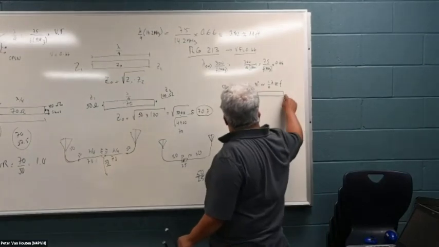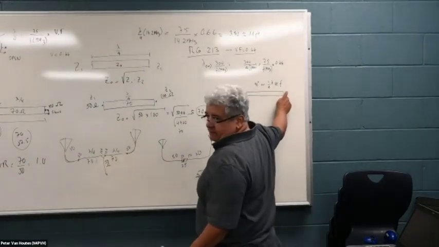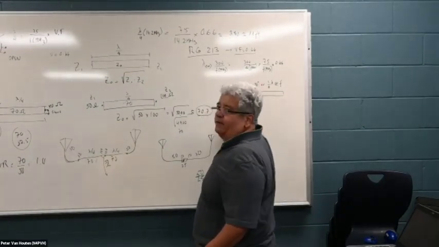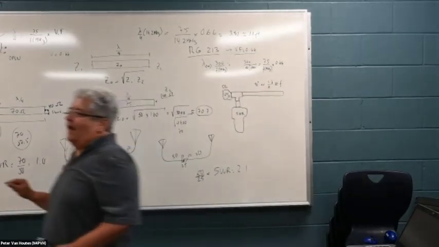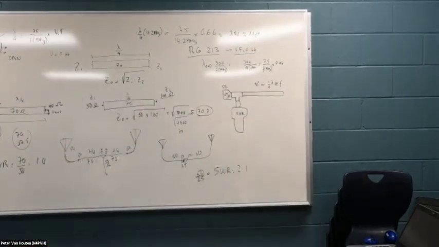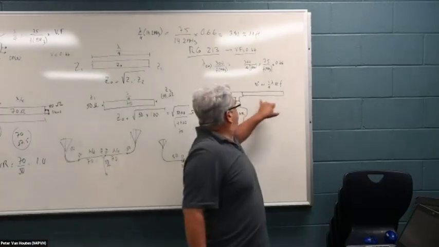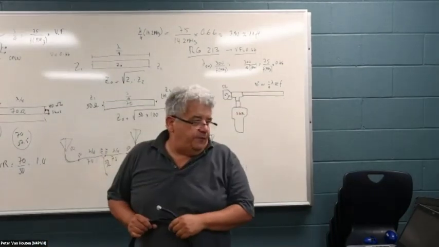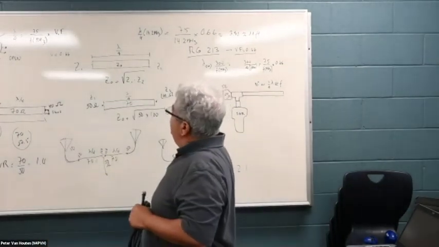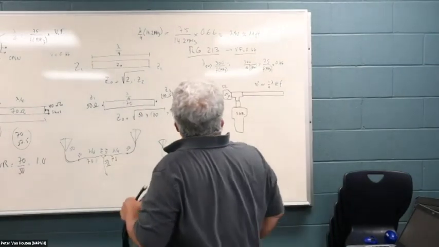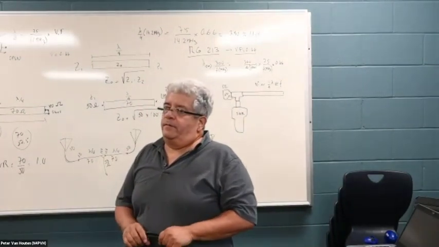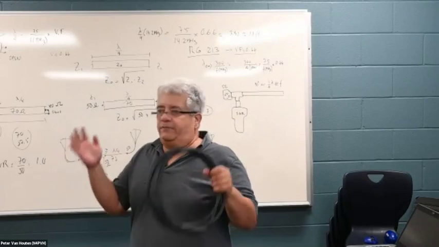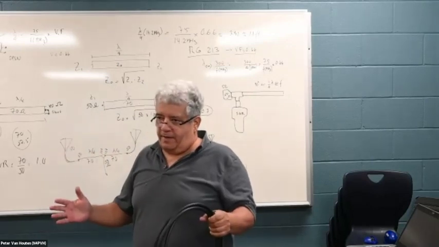To see an open from the opposite side, instead of a quarter wave, you need a half wave. So whatever you have here is going to be repeated here. If you are cutting a cable for 7.1 megahertz, you're going to cut it for a quarter wave at 7.1 megahertz.